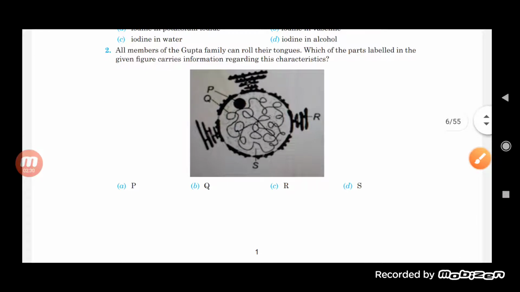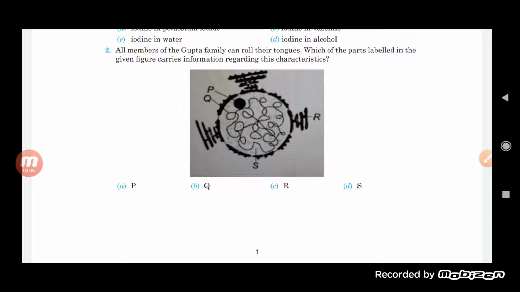Now the next one: all members of the Gupta family can roll their tongue. Which of the parts labelled in the given figure carries information for this characteristic? You can see that it is already said that the Gupta family is able to roll their tongue. It means the family is able to do that. So how or why is it so?